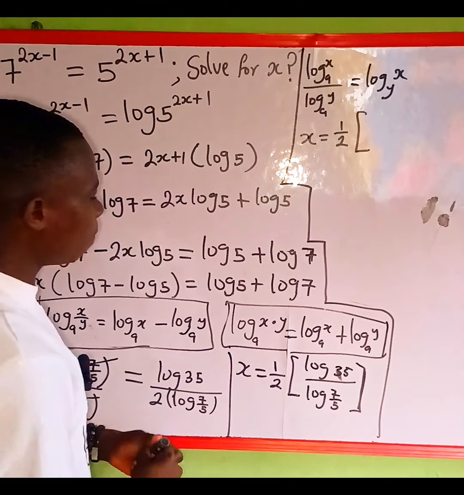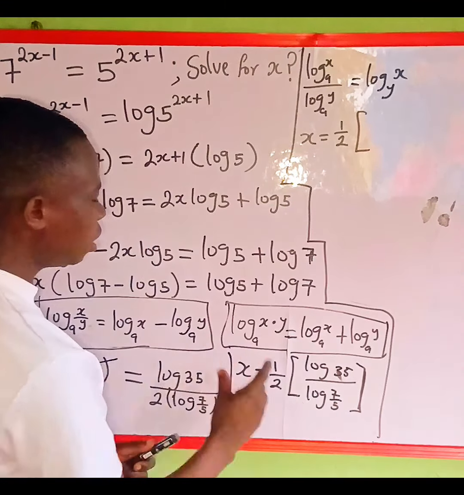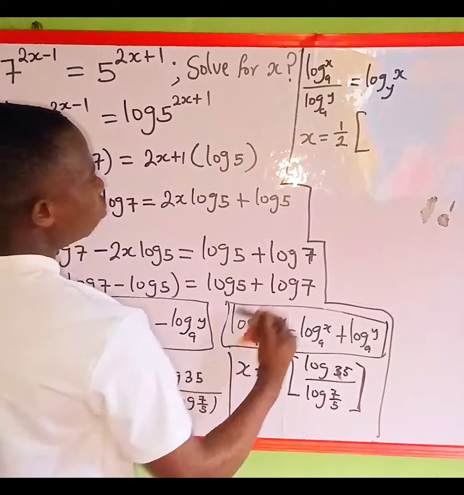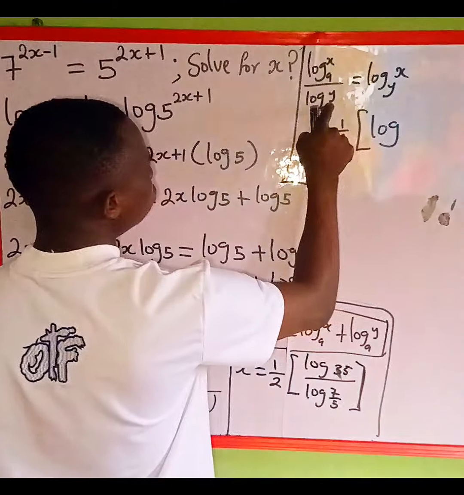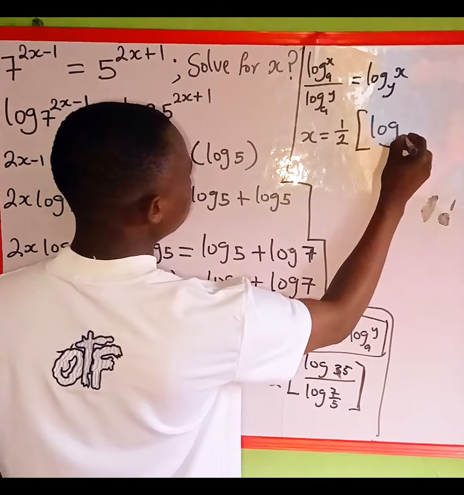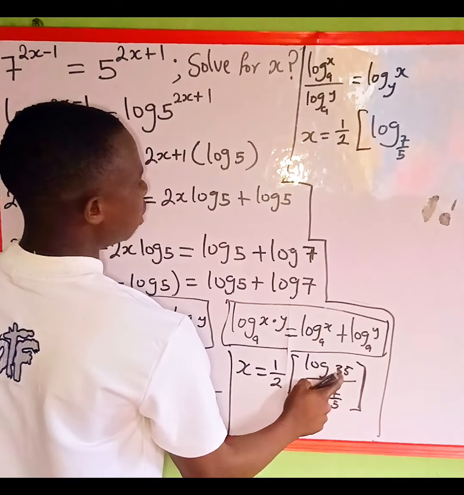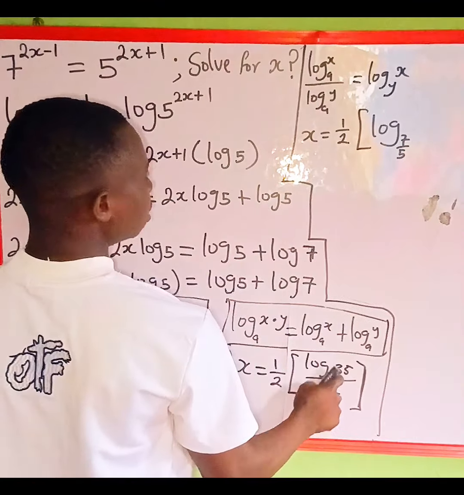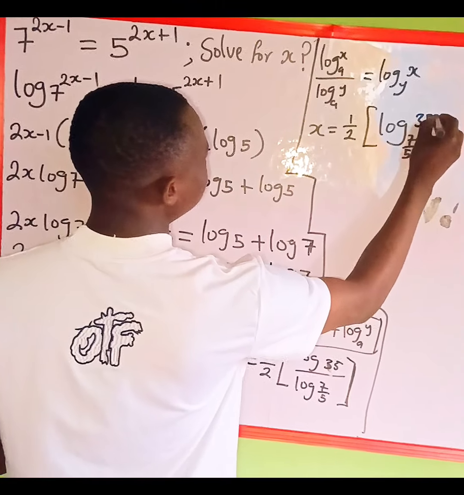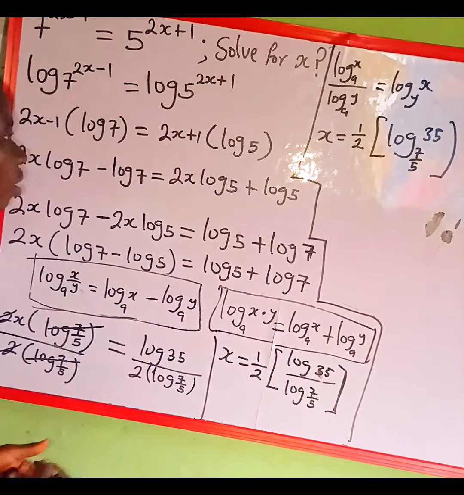Remember, the property applies to this bracket only. So we're going to have log to the new base, which is y, which is the same as 7 all over 5. Then our new term now is going to be what? X, which is the same as 35. So we have 35. So we have successfully changed the base.